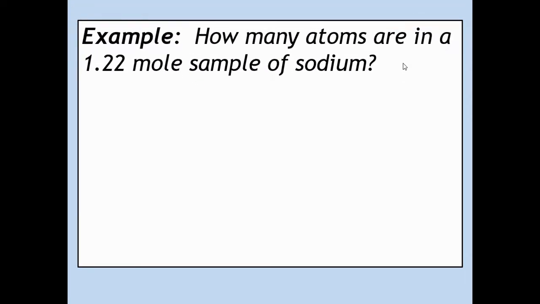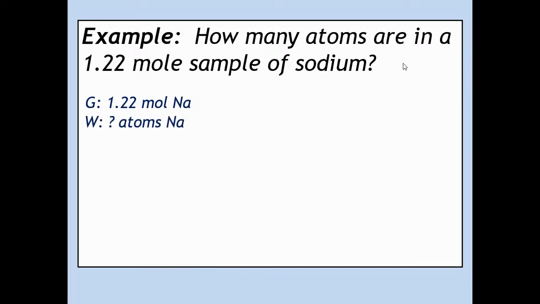So let's do a problem. How many atoms are in 1.22 moles of sodium? Let's write down what's given first. Given to us in this problem is 1.22 moles of sodium. Na is the symbol for sodium. Next, we write, what do we want?